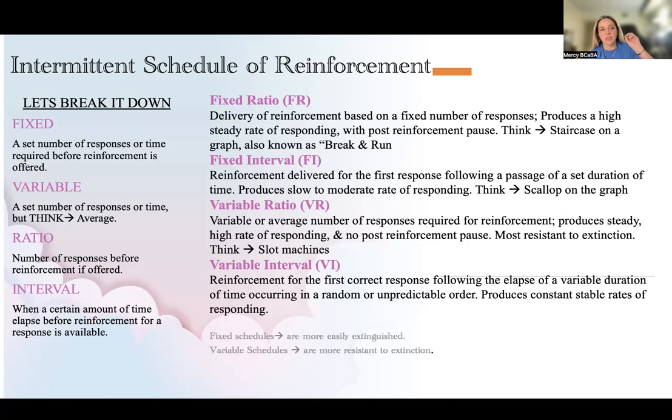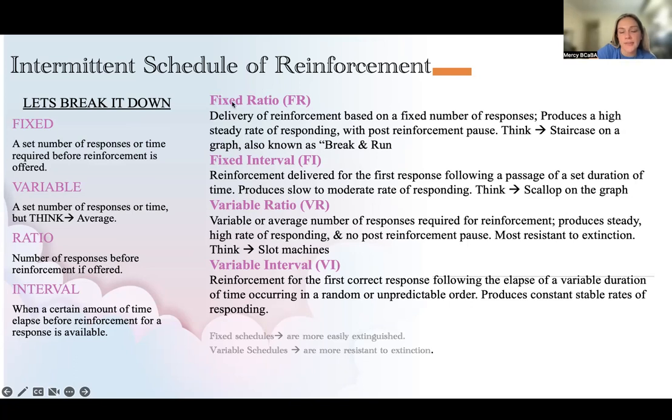4 different terms. Now we're going to try and play mix and match over here on this side. Let's start with fixed ratio, also known as FR. This is the delivery of reinforcement based on a fixed number of responses, because we have fixed and we have ratio. So, a fixed number of responses before reinforcement is offered.